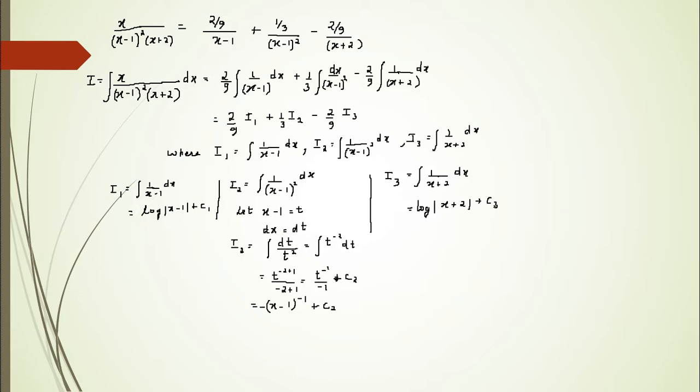So therefore now I can write I is equal to 2 by 9 into I1. I1 is this, so I'll write 2 by 9 into log of x minus 1.